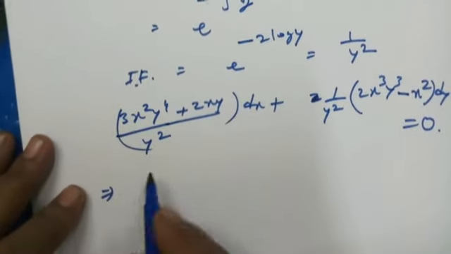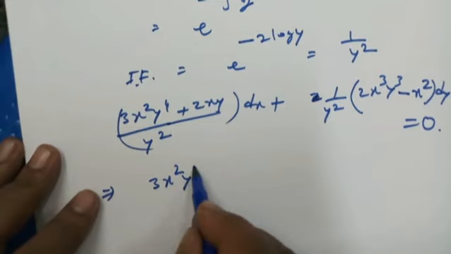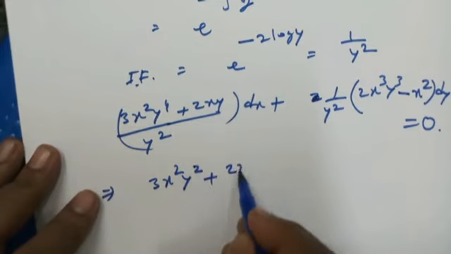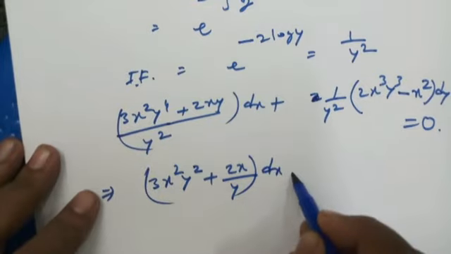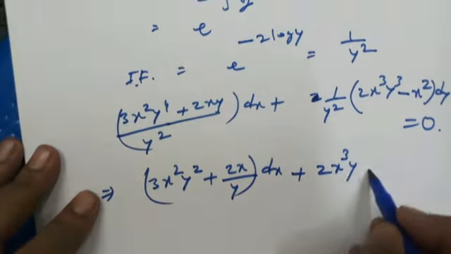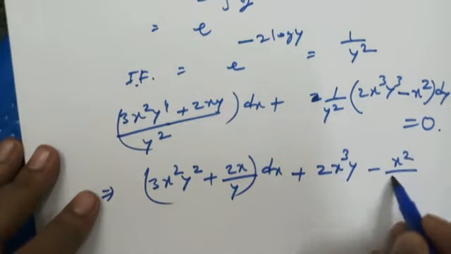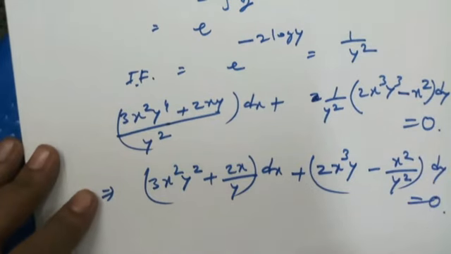After simplification we have (3x square y square plus 2x upon y) dx plus (2x cube y minus x square upon y square) dy equals to 0.